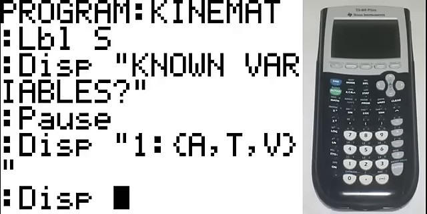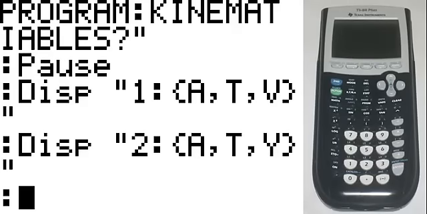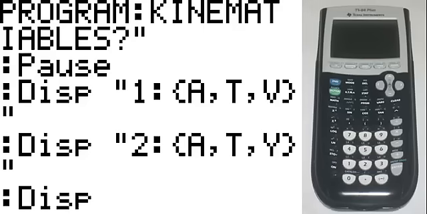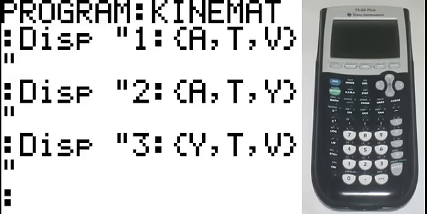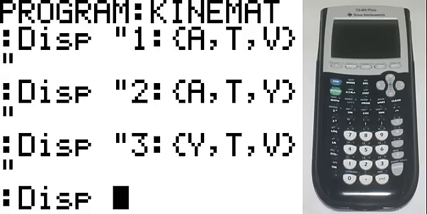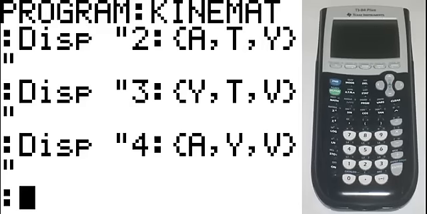Display in quotations "2: (a, t, y)". Display in quotations "3: (y, t, v)". Display in quotations "4: (a, y, v)". And then pause.